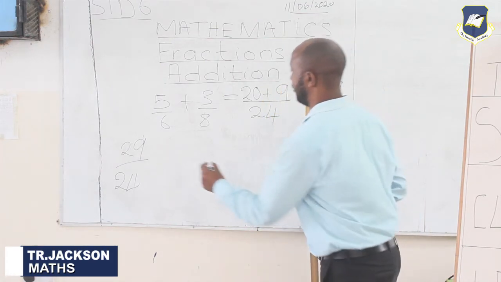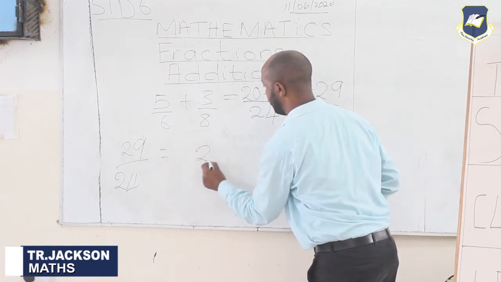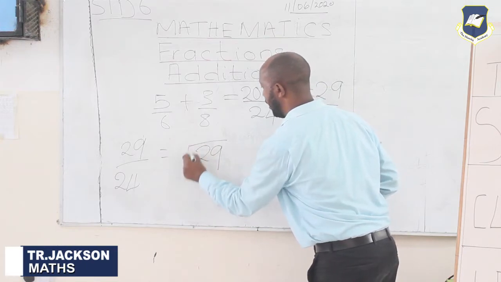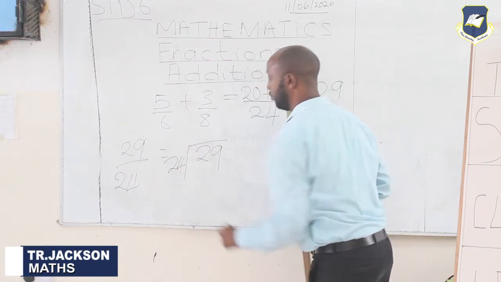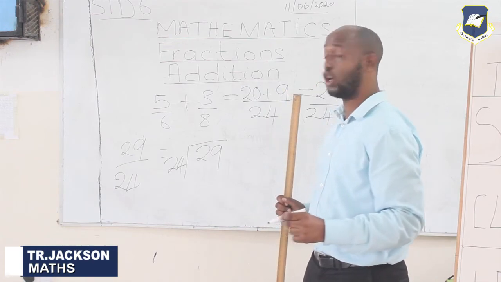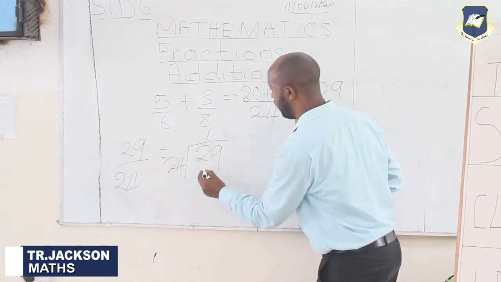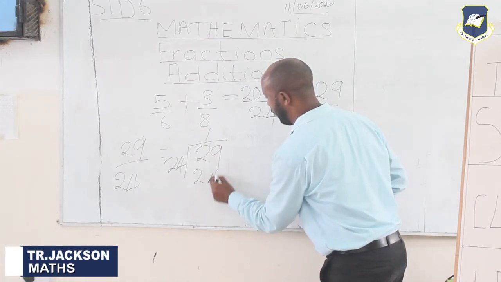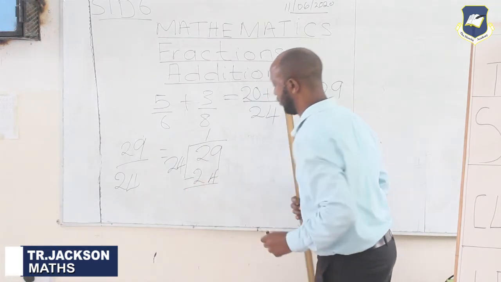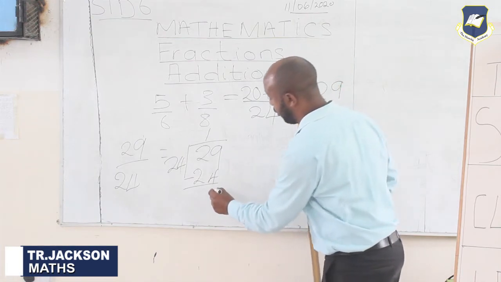So you take 29 divided by 24. 24 goes into 29 once. So write 1 on top, write 24 down there, then subtract. 9 take away 4 is 5.